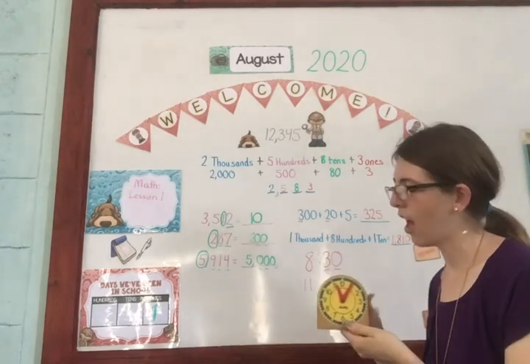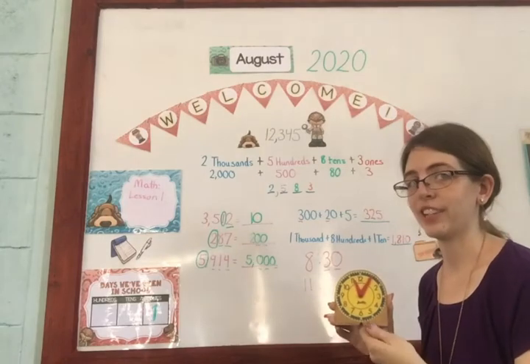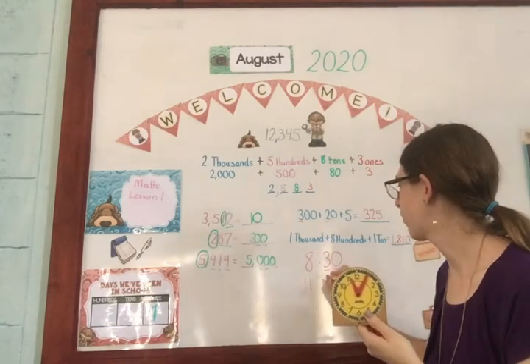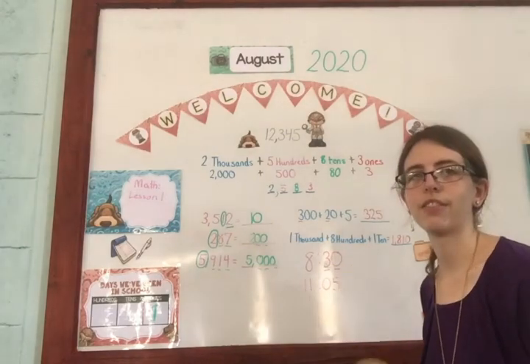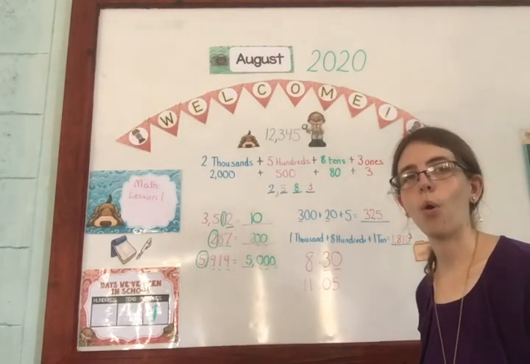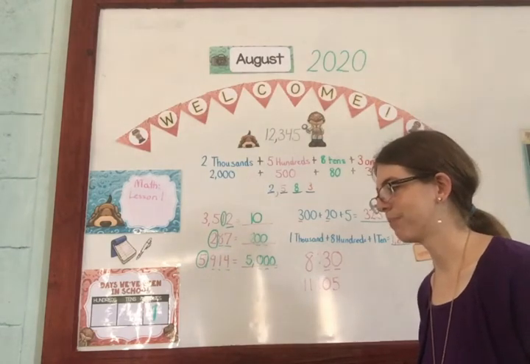And dot, dot, my minutes, I'm counting 5. I can't just write 5, I have to put a 0 first. 0, 5. So it's 11:05. And that's how you count them, okay?